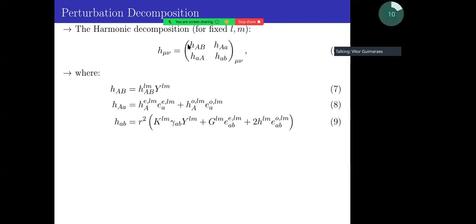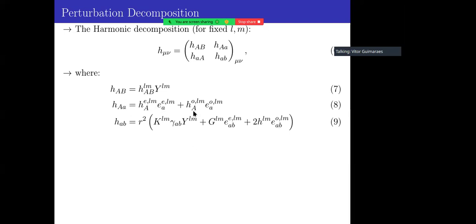So this would be, in this new notation that we are using, the harmonic decomposition. I maintained the scalar spherical harmonic as the basis for the scalars in the two-sphere, but I changed the notation for the vectors and tensors.